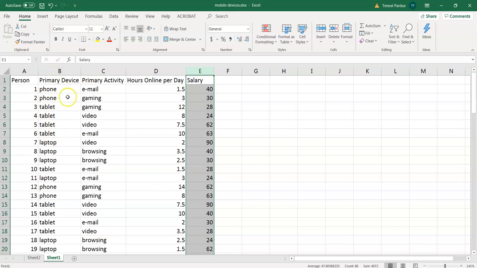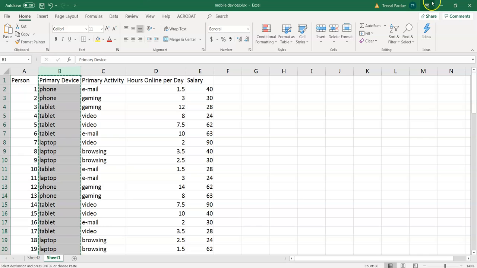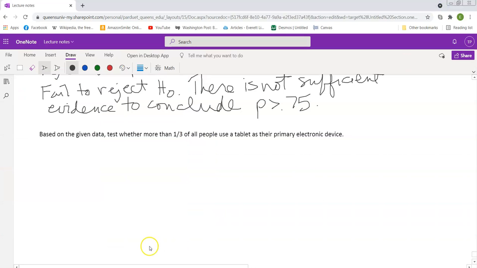But we're going to use this variable. So I'm just going to copy this over into our template. And the question is, based on this information, can we say that more than a third of the people in the population use a tablet as their primary electronic device?